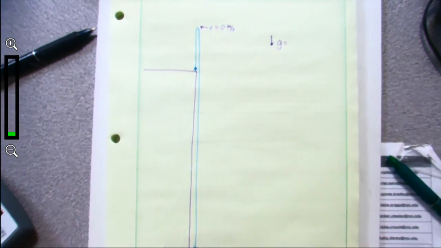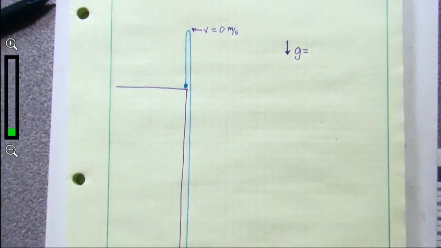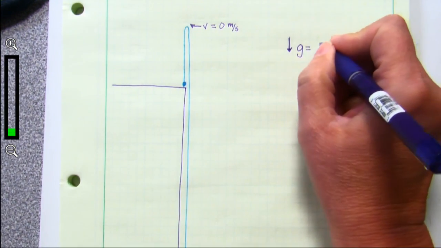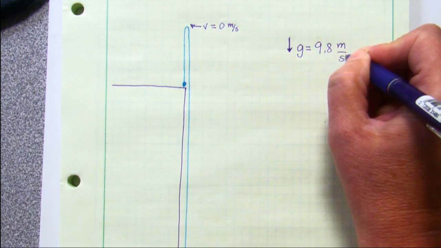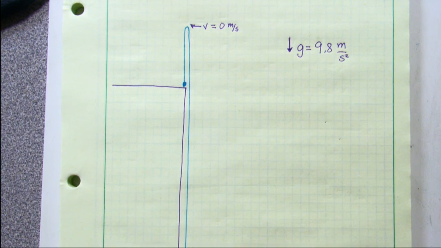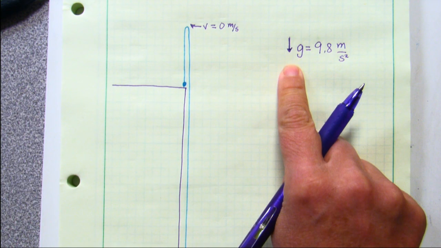Okay, so I'm going to go ahead and focus a little bit. So we're going to cut off our picture here for just a little bit. So it's always g. And our book is going to tell you it's 9.8 meters per second squared. Isn't it negative? It is negative, but I've got an arrow showing you this direction.